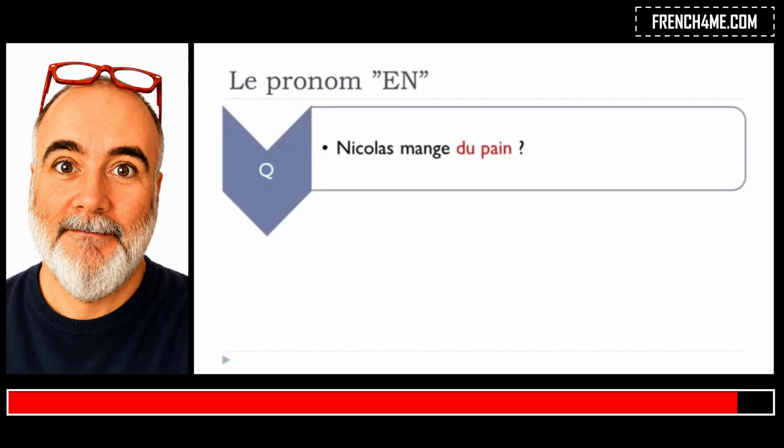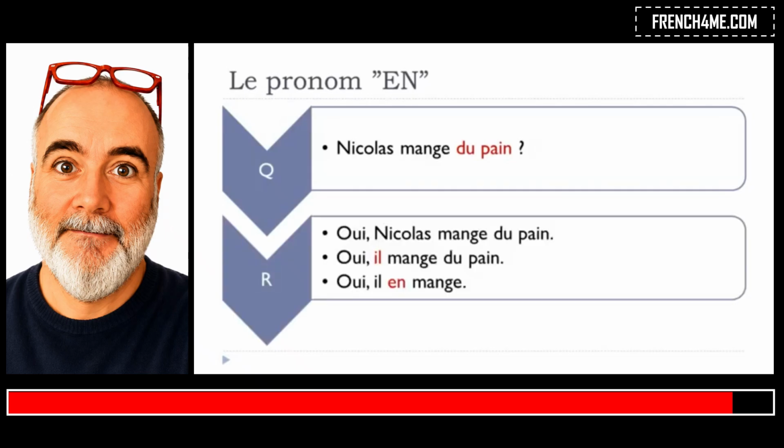So if you have a question like Nicolas mange du pain, so of course, first possibility that you could have would be to answer oui, Nicolas mange du pain. So manger is to eat, du pain, some bread. Okay, in that case, that's really the partitive form. Okay, so you don't want to specify the quantity, but it's some.